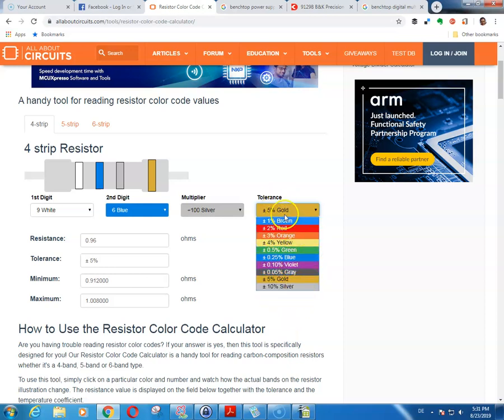I used to not pay much attention to these things. You usually don't really pay much attention. Although, if you're into designing circuits and that sort of thing, of course you have to pay attention to all of these things, because you want to choose the right type of resistor for your circuit.